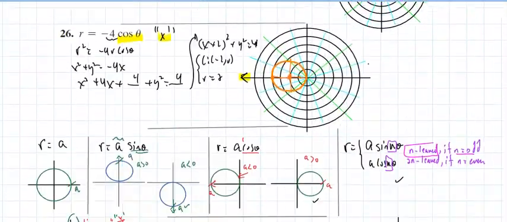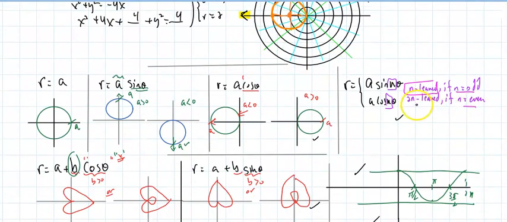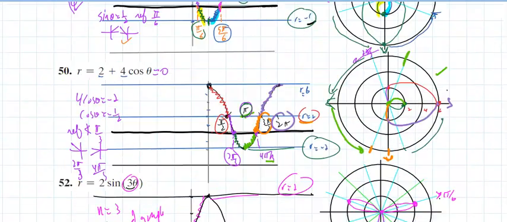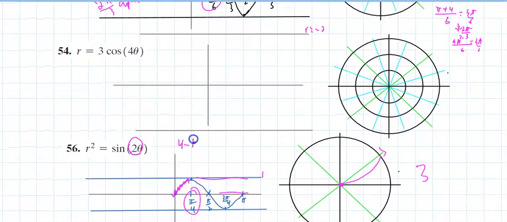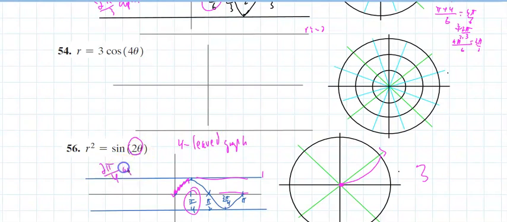If this is even, we said you get twice as many of those petals. So this is a 4-leaved graph. That means they're 2 pi over 4 apart.